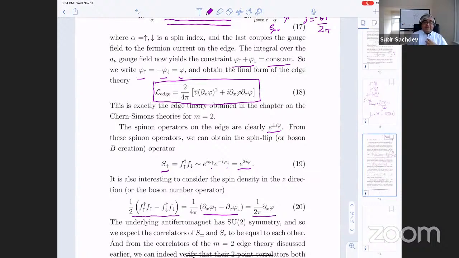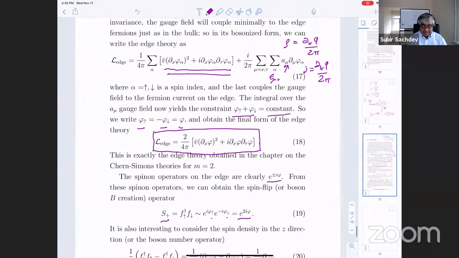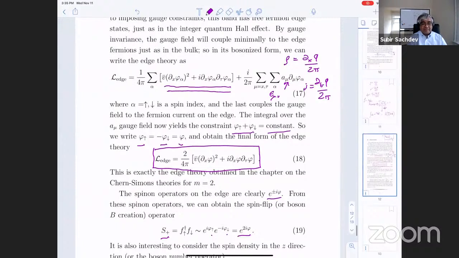Okay, so now there might be one thing that's kind of bothering you, perhaps. The underlying system we started with had an SU2 symmetry of spin rotations. But when we did the bosonization of the boundary theory, we broke that SU2 symmetry. We treated spin up and spin down with two separate chiral bosons. So in fact, we no longer have the SU2 symmetry in this theory.